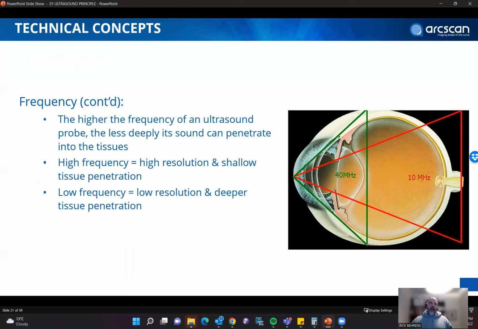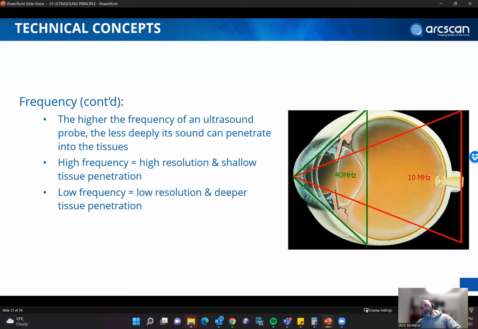However, the higher the frequency, the lesser the penetration. So if you have a really high frequency, let's say like 80 megahertz, you're going to have a really shallow penetration. That means you probably will only go to the cornea, or a few millimeters into the sclera.